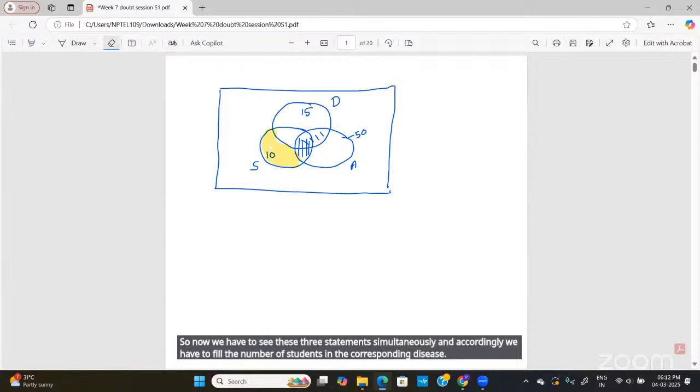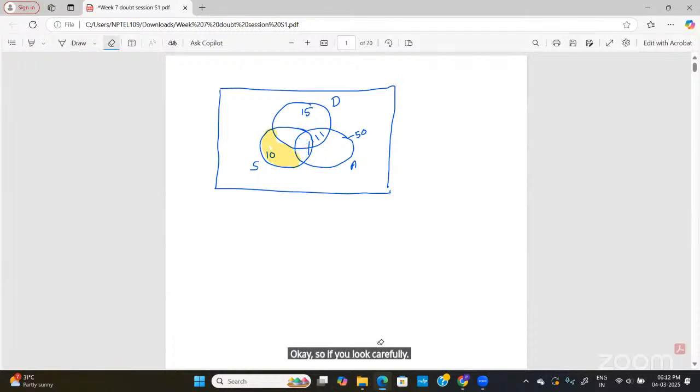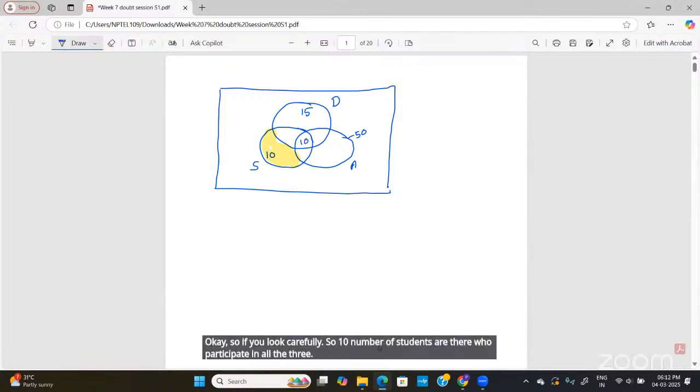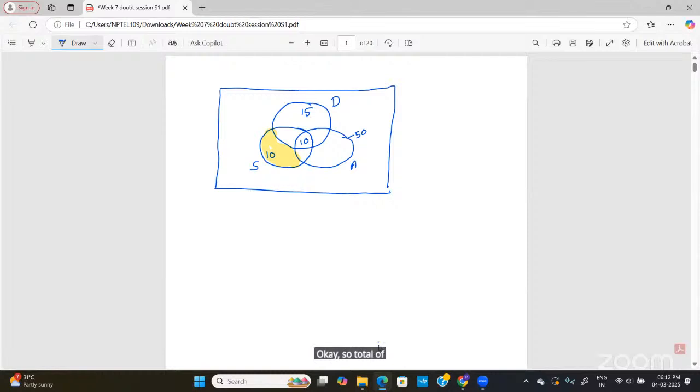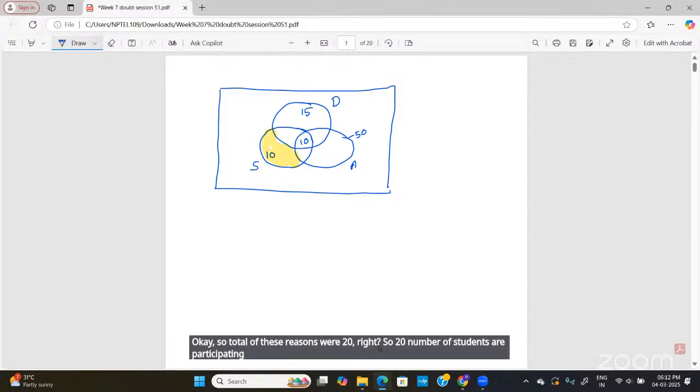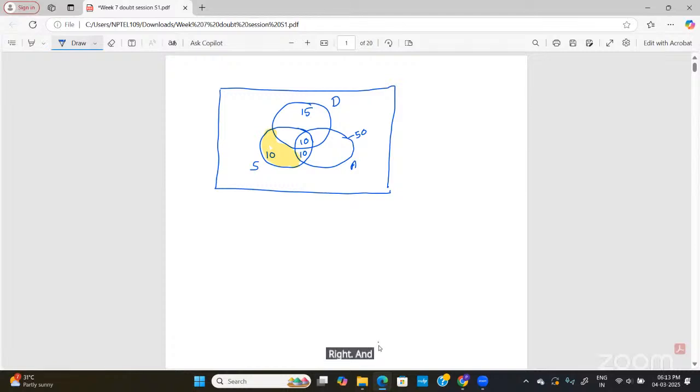If you look carefully, 10 students participate in all three. The total of these regions was 20, so 20 students are participating in both singing and acting. Here I have filled 10, so the remaining 10 will be here. For dancing and acting, the intersection was 15, and 10 is already here, so 5 will be here.